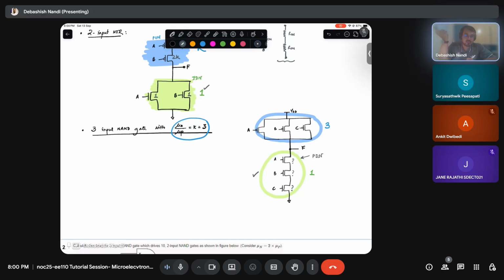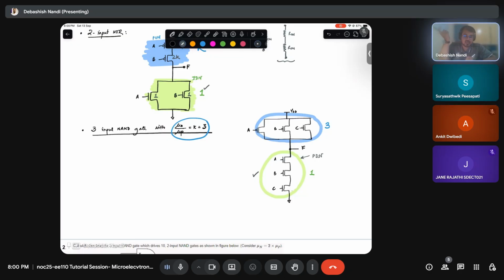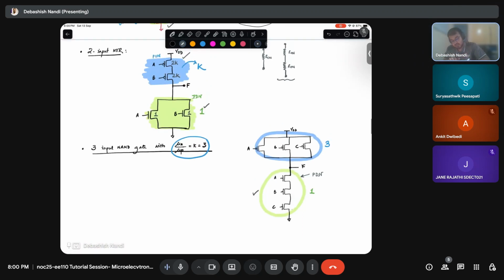So think in terms of worst case delay. When will the worst case delay be? This is in series, right? Yes, sir, it is in series. So when will the worst case be? We have just discussed above, right?